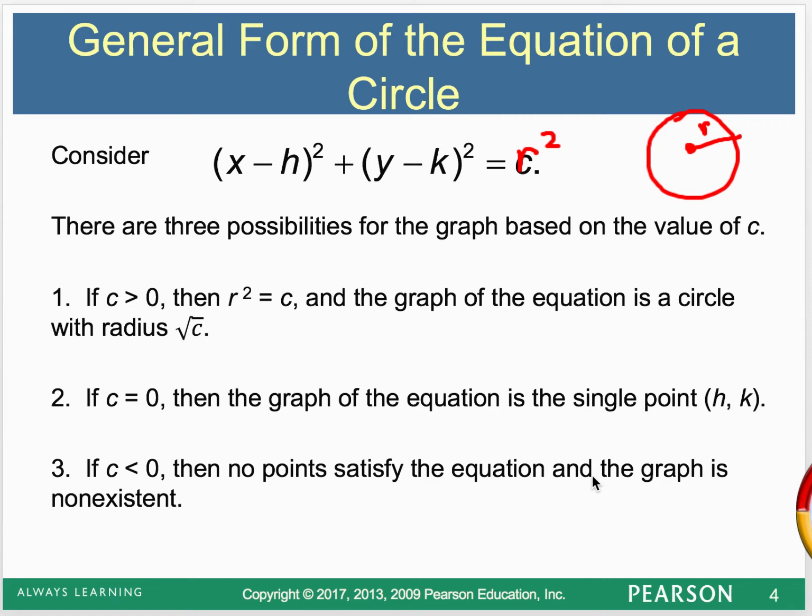Okay, so remember we said it's really important to be able to determine what kind of equation you have to know what to do with it. And so if I know this is the equation for a circle, it's way easy. Put it in center radius form, and I've got my center and I've got my radius. But how do I know it's the equation of a circle?